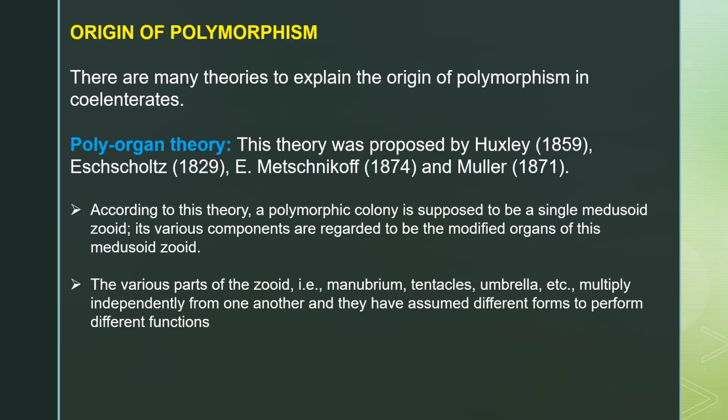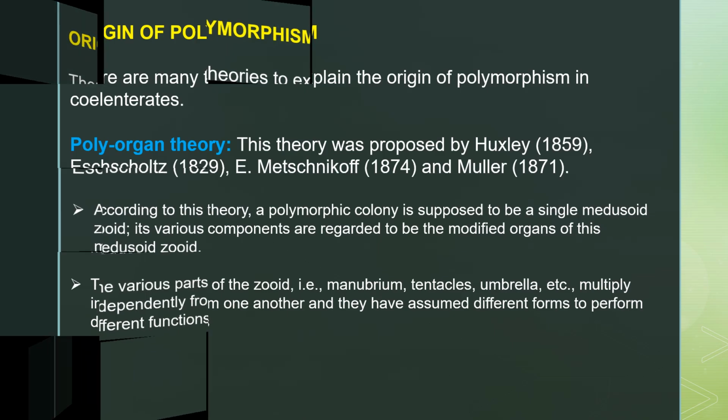Its various components are regarded to be the modified organs of this medusoid zooid. The various parts of the zooid, that is manubrium, tentacles, umbrella, etc., multiply independently from one another and have assumed different forms to perform different functions.